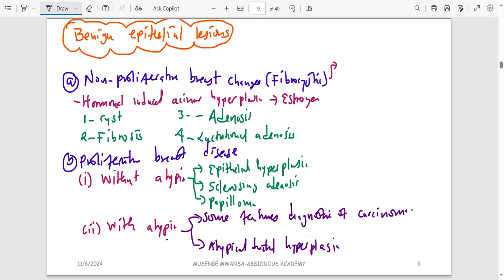Some questions that you are going to find in essays will be: write about the risk factors for breast carcinoma. So these proliferative breast diseases with atypia are risk factors. Is there any addition to this before we go to the actual cancer and then we get to finish? Any addition or question?